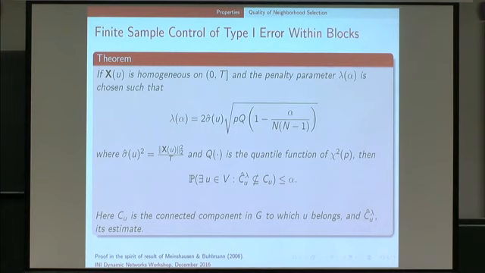It says, given a particular choice of this parameter lambda, the probability that the connected component of your graph to which your vertex u belongs, so it goes a little beyond the neighborhood, the probability that the set you pull down as the connected component around u based on your inference does not contain the truth is bounded by alpha, where alpha is a parameter that you can choose. These parameters involve an adjustment for noise, and then essentially use a chi-square argument that gives you the bound.